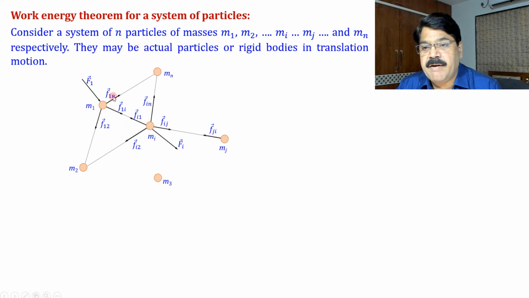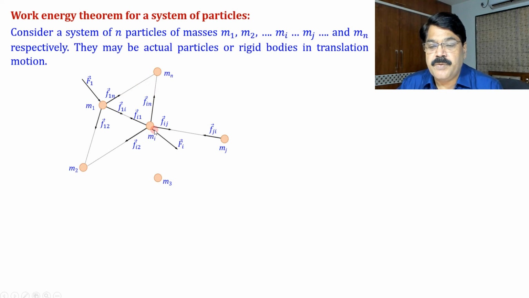Small forces F1n, F12, F1i are the internal forces. Here F1i is the force on m1 from the ith particle. F12 means force on m1 from the second particle m2. Force F1n means force on m1 from the nth particle mn.